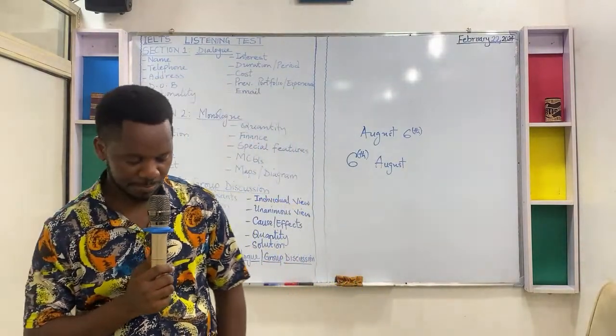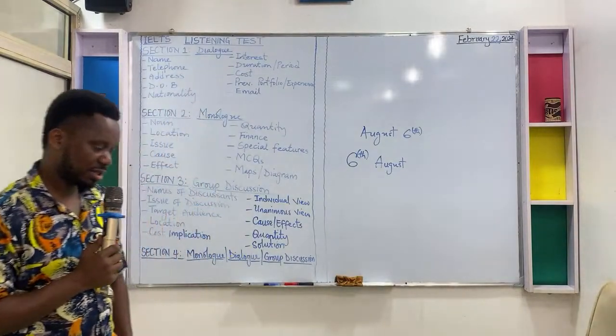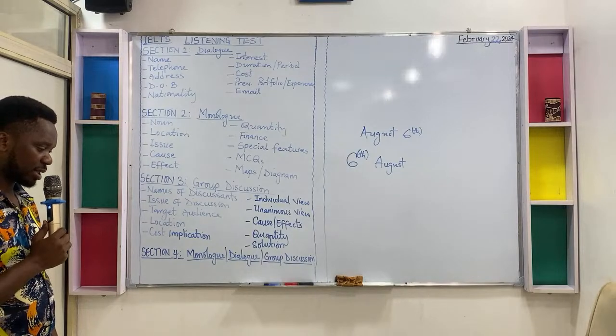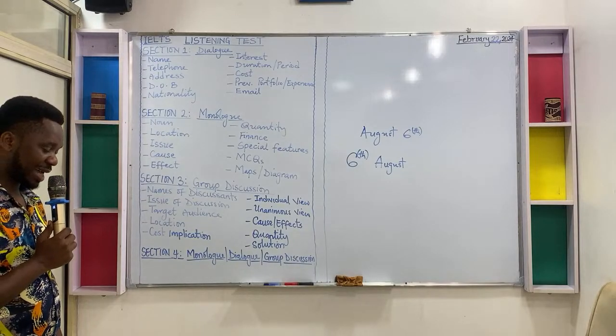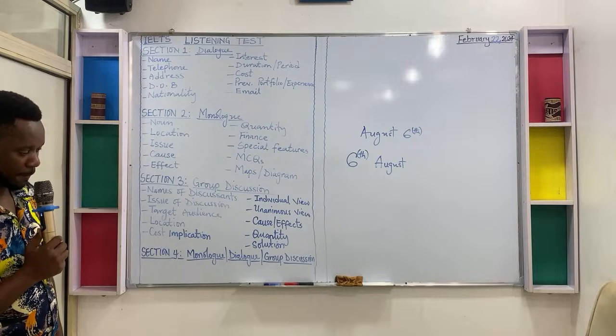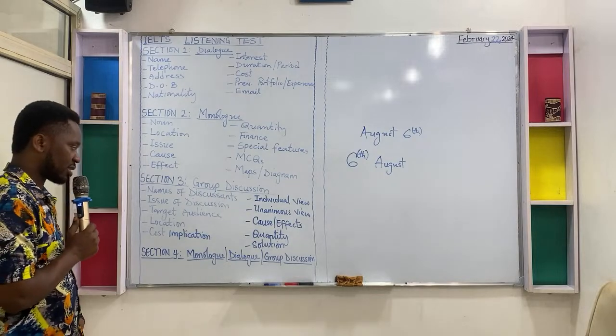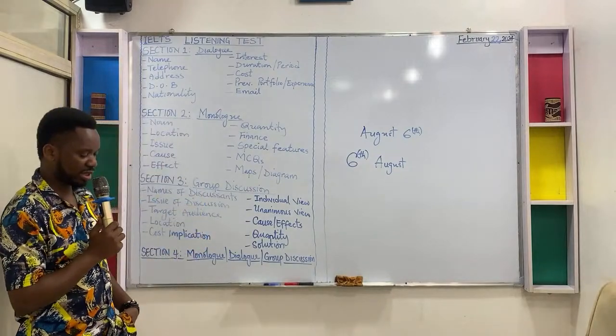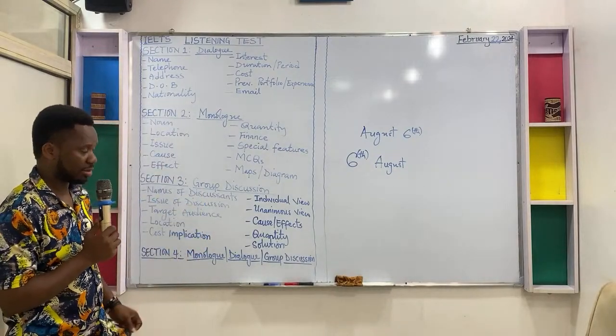So, for instance, a person can travel to Canada. The spelling is Canada. But a national of Canada cannot be called Canada. You call them Canadian, right? So you have to understand the difference between how to write country and how to write the nationality.